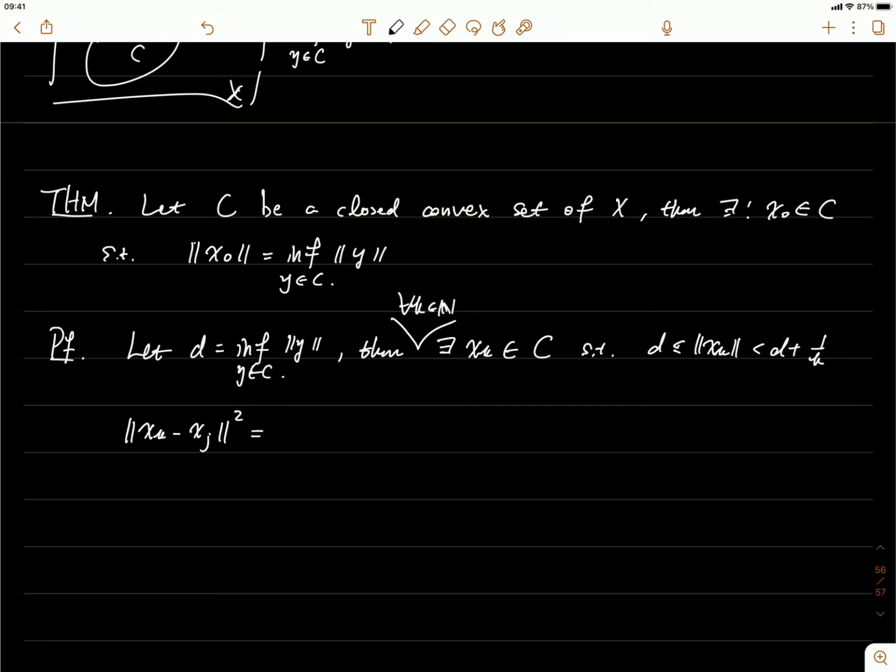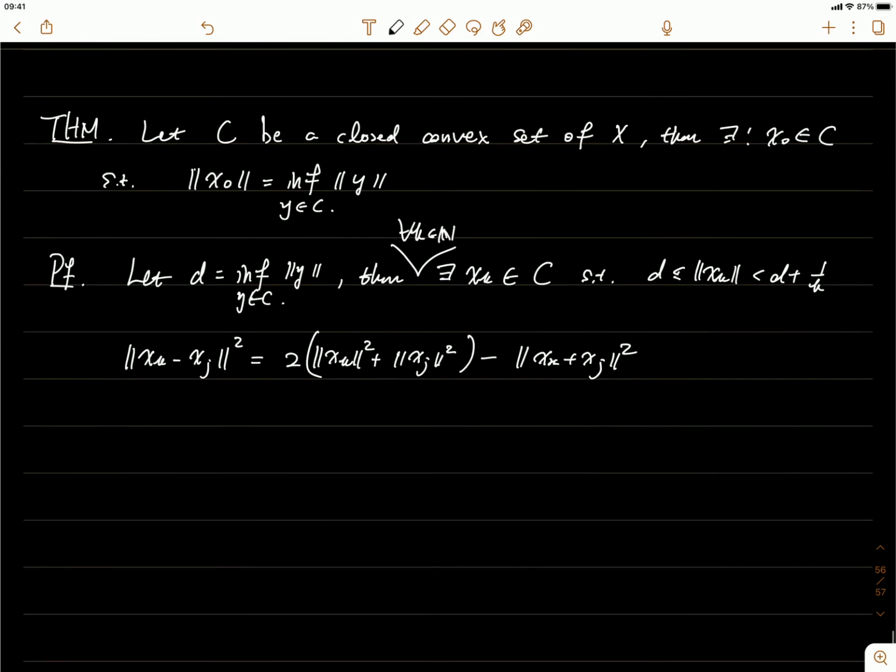Remember that by the parallelogram identity, we know this is equal to 2 times the norm of xk squared plus 2 times the norm of xj squared minus the norm of xk plus xj squared, right?